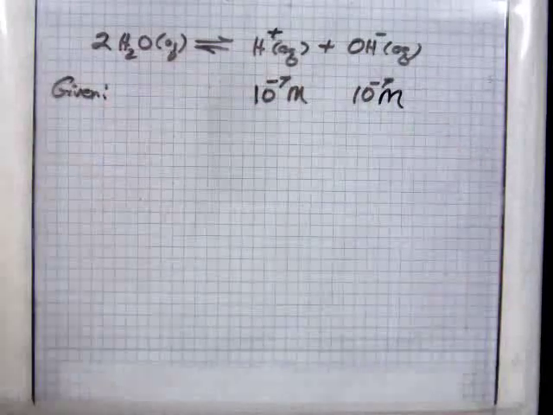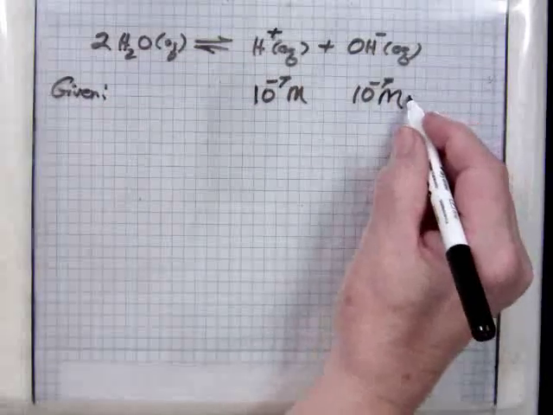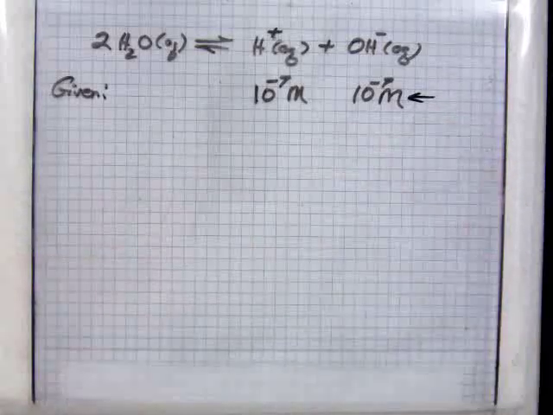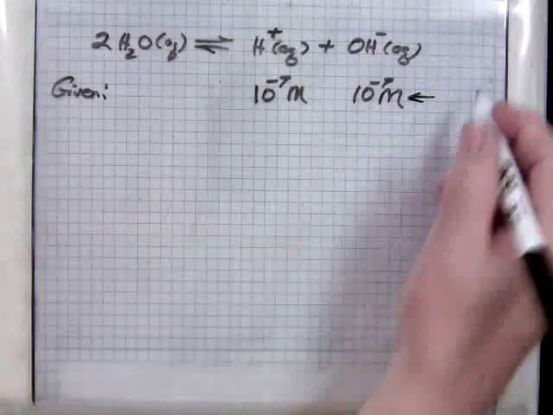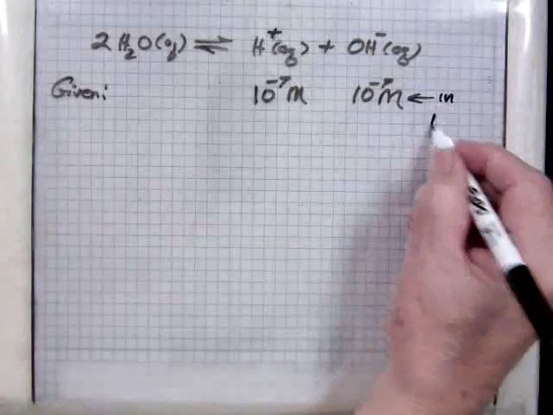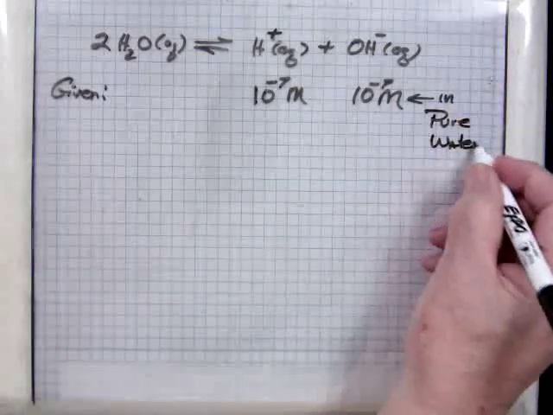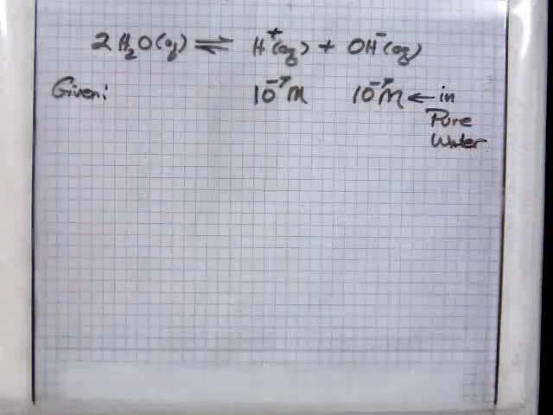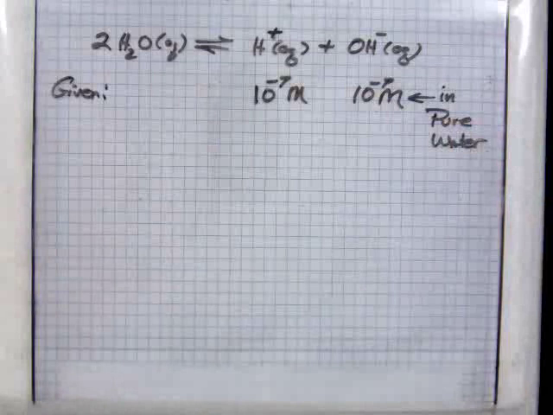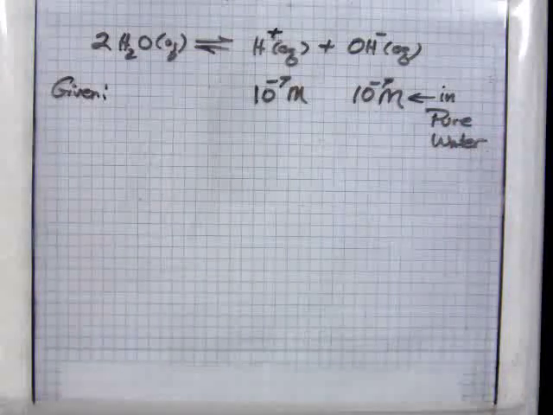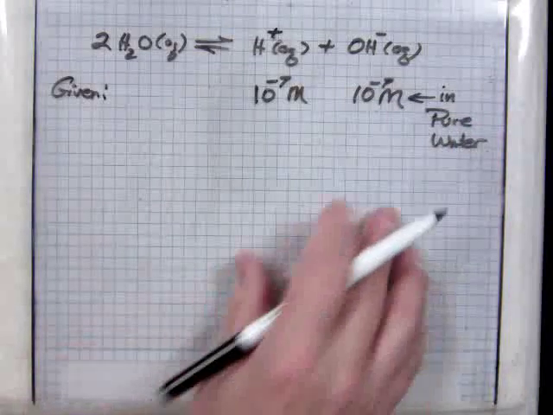But this is conditional. This is in pure water, so there's no excess OHs relative to hydrogen, nor is there excess hydronium ions relative to the hydroxide.